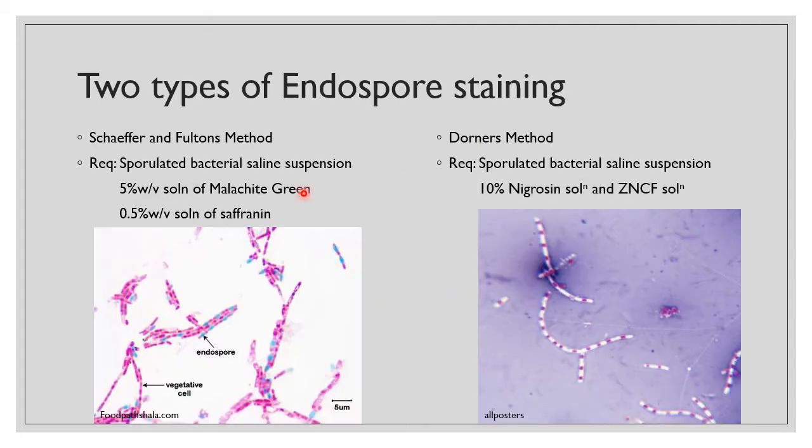There are two types of endospore staining. Most widely used is the Schaffer-Fulton method, and the other one, which is quite easy, is Dorner's method.